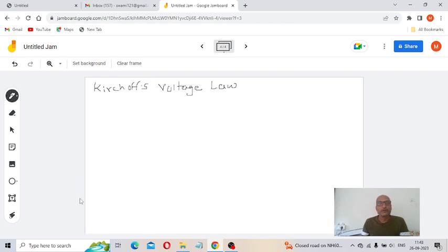Kirchhoff's voltage law. To study or analyze this law, we require some circuit. Before going to any circuit, first we will see the statement of Kirchhoff's voltage law.